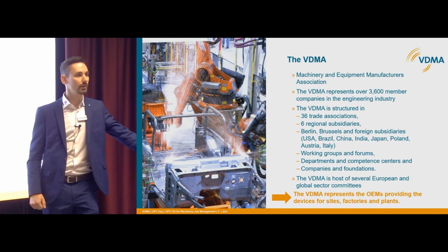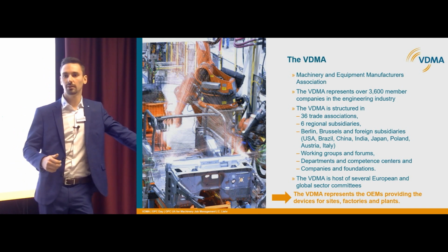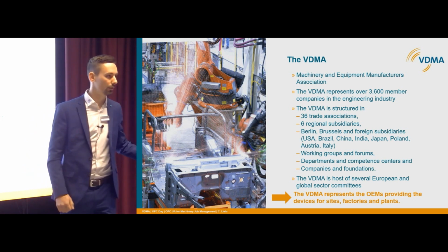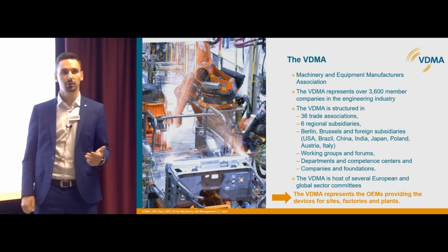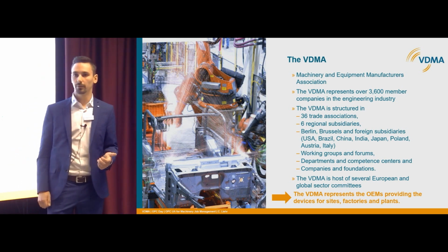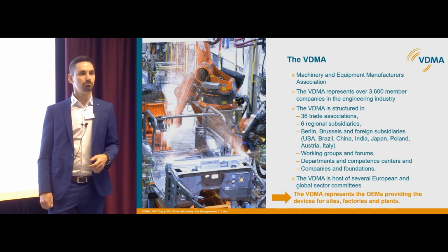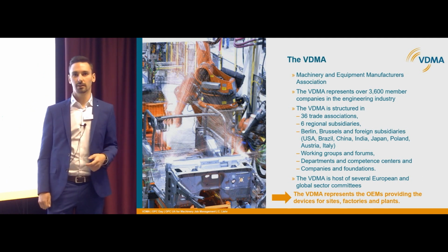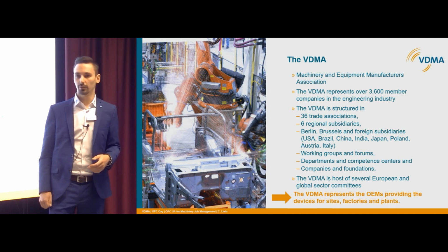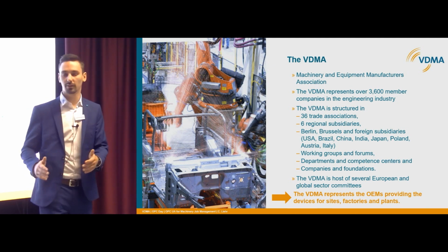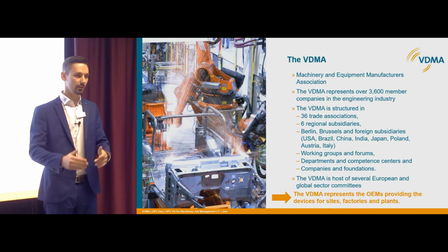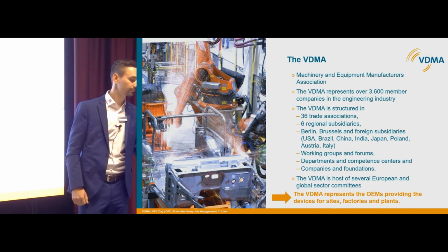Because of that, we have one trade association for each important sector of our industry. For example, we have a trade association for the glass industry, for machine tools, surface technology, robotics, and so on. So there are a lot of different trade associations that are specialized for their sectors.